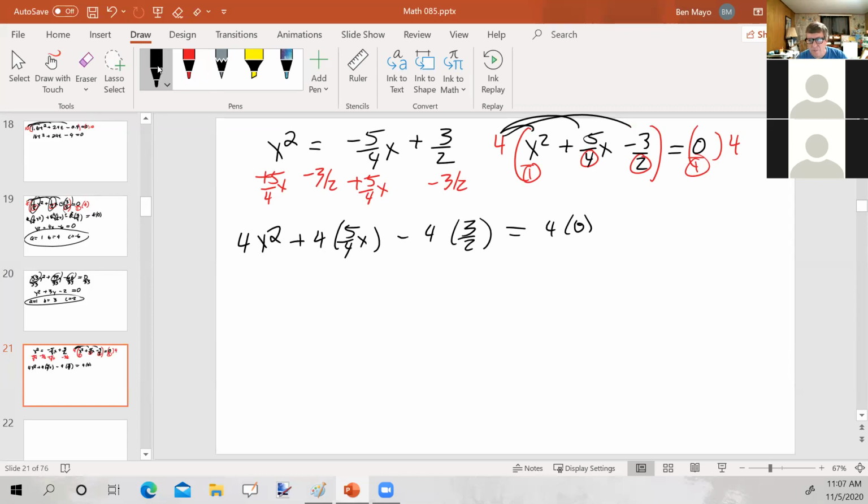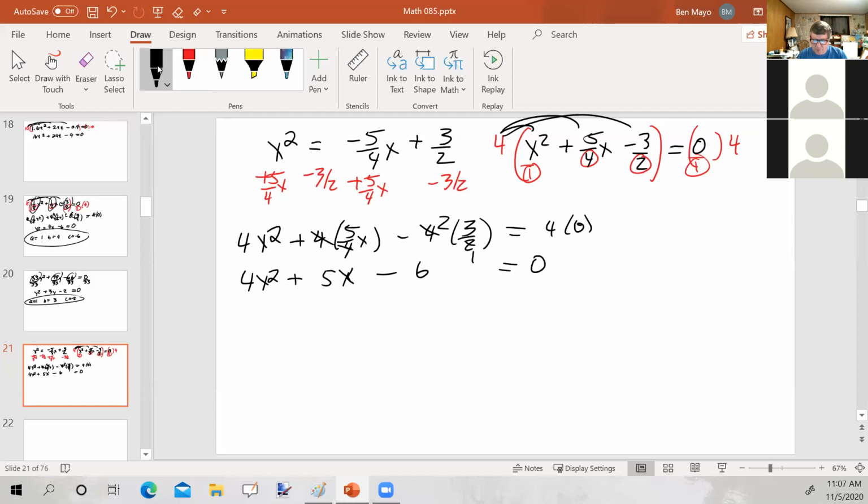Any questions? All right. So this becomes 4x squared plus 5x, the 4's reduce out, minus 6, 4 over 2 is 2 over 1, equals 0.